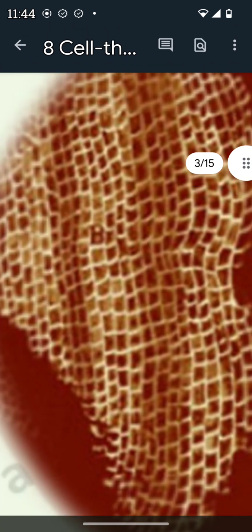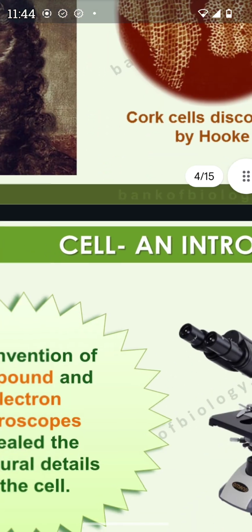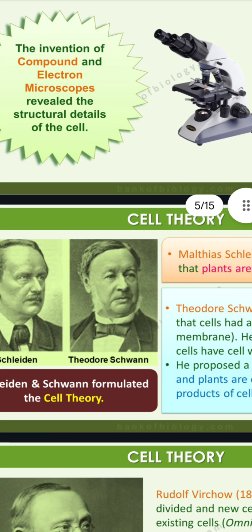Earlier, the normal microscopes could only zoom up to this point, but these electron microscopes can zoom even more into the cell. So after the invention of various microscopes, they got even more structural details regarding the cell: that the cell is made up of this, that, and so on.